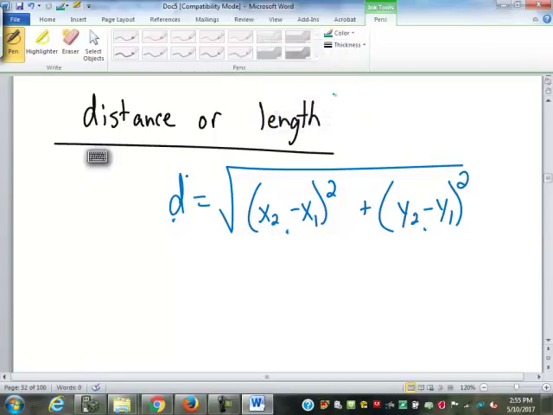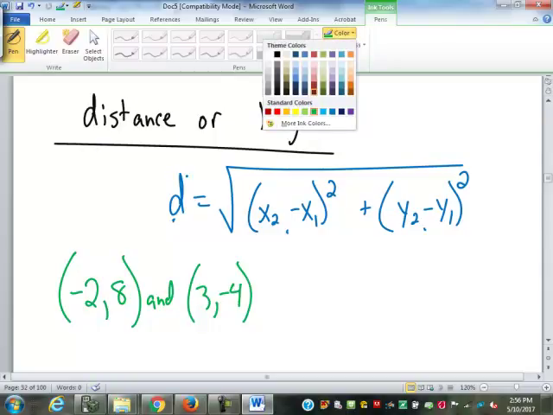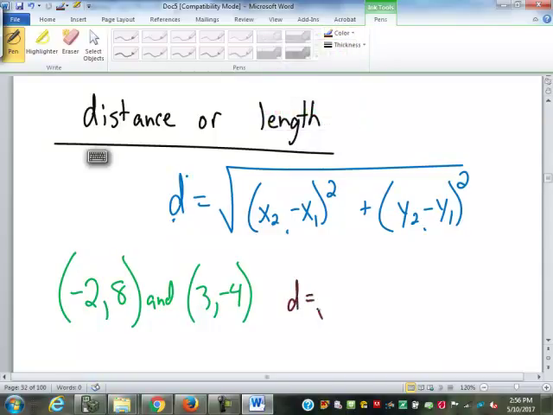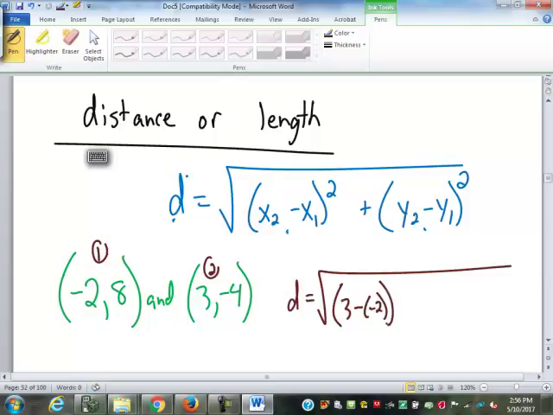So now if I give you 2 points, let's say I'm going to give you negative 2 and 8. And I want to go to point 3, negative 4. So to find my distance, what's going to go in this first set of parentheses? Yeah, 3 minus a negative 2. That'll be squared. Plus, what goes in my second set of parentheses? There you go.